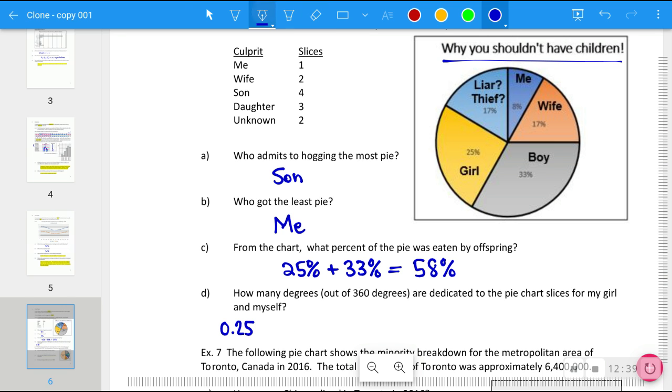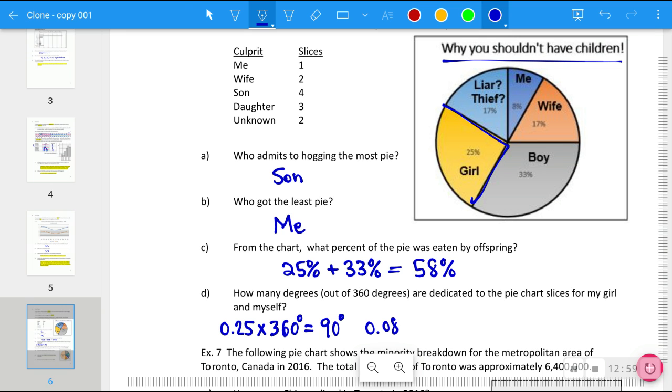A circle has 360 degrees in it, so 25% of 360, and that would mean that little sliver here is a 90-degree sliver.